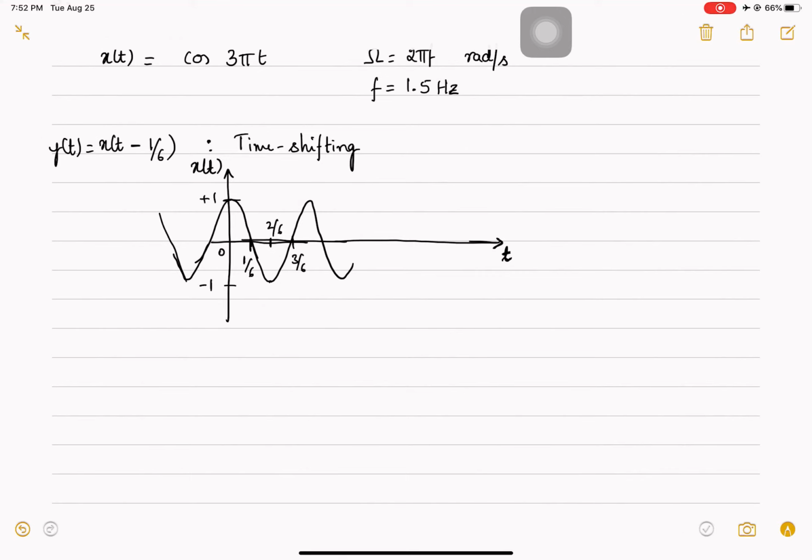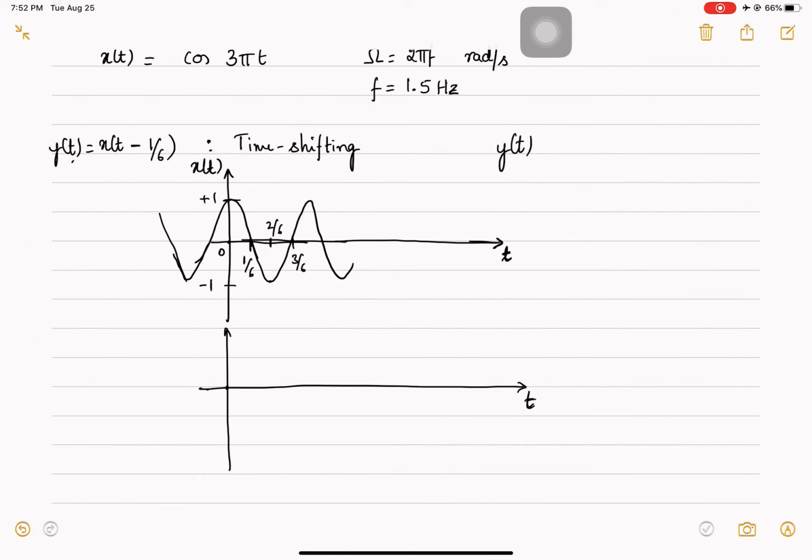Now if I keep the origin the same, the reference point the same basically, let's see what the relation between x of t and y of t is. I have this x-axis, this y-axis, t. Why am I writing y of t, not y of t minus 1 by 6?